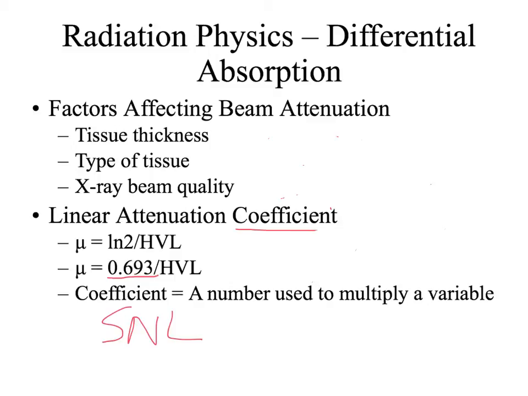So the way I remember linear attenuation coefficient is, if I want to have a laugh, I watch Saturday Night Live. Have a laugh, HVL, half value layer. That's going to give me my linear attenuation coefficient. Okay? Just another goofy mnemonic that hopefully helps folks remember this material.